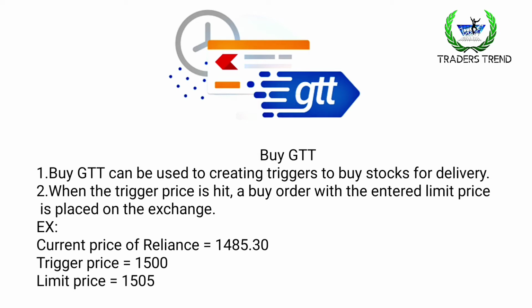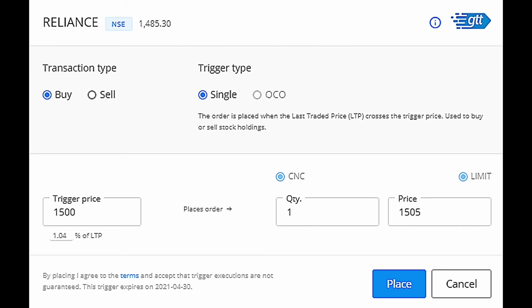If the current price of Reliance is 1485.30, but your trigger price is 1500 and your limit price is 1505, it means if the price comes to 1500, your order will execute at the limit price of 1505. So it is a buy GTT.